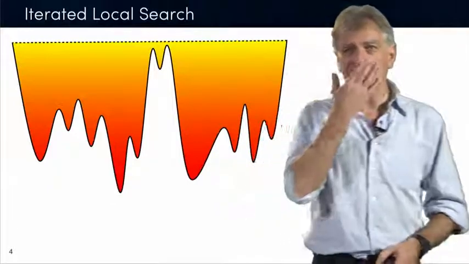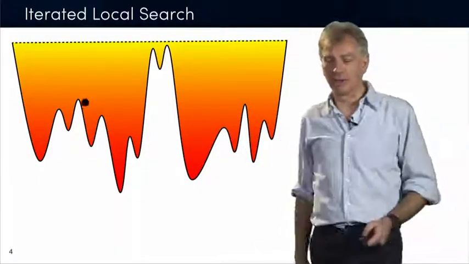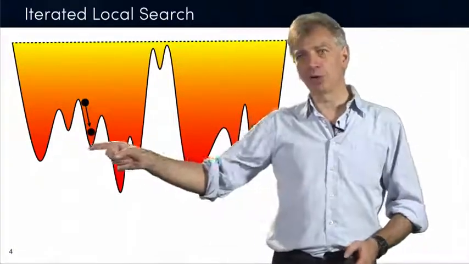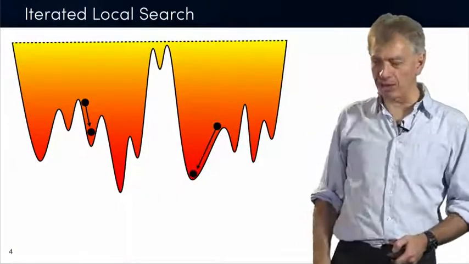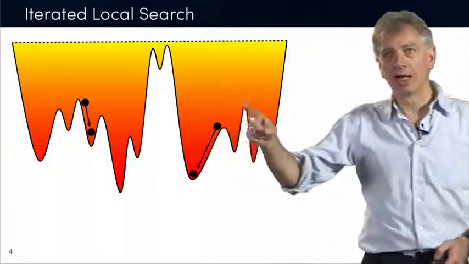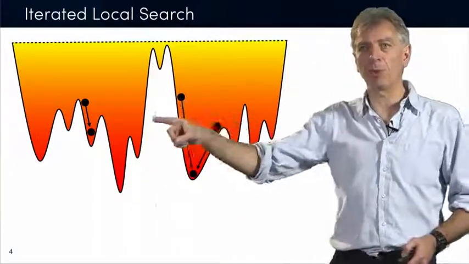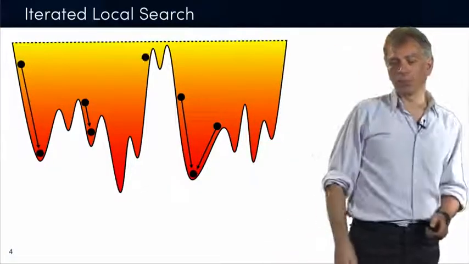Okay, so iterated local search is a very, very simple way of trying to achieve that. You start from a point, and you dive down to a local minimum. Then you start from another place and you dive down again. So you generate another point and you try to go down. And then you keep doing that. So you start from another point there and you just go down. And you do that for many, many different starting points.